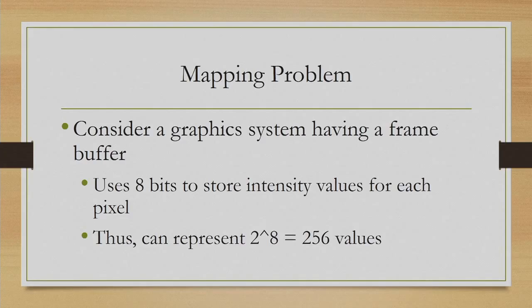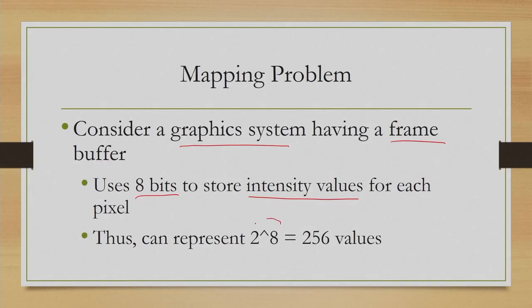What is this problem? Let us try to understand it in terms of an example. Suppose we have a graphic system which has a frame buffer where 8 bits are there for each pixel location. That means 8 bits are there to store intensity values for each pixel. Now, with 8 bits, how many colors can we represent?